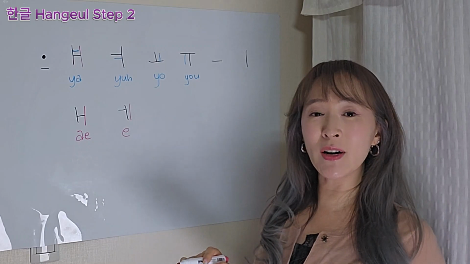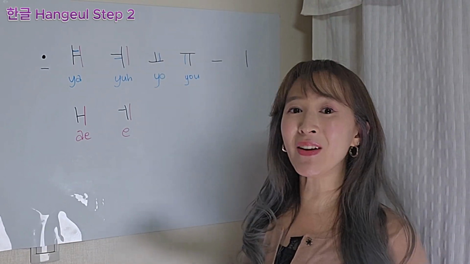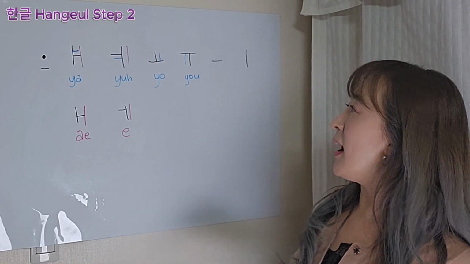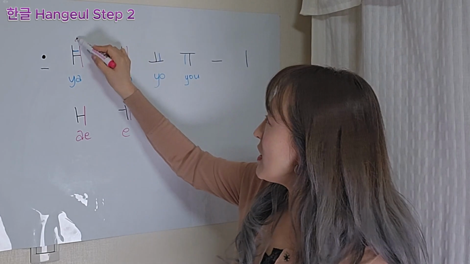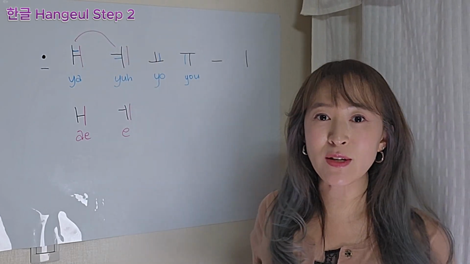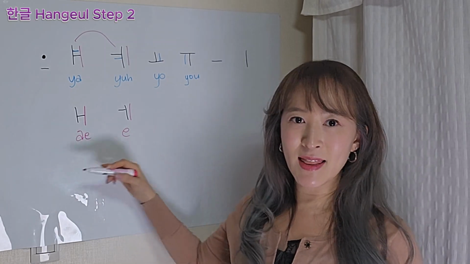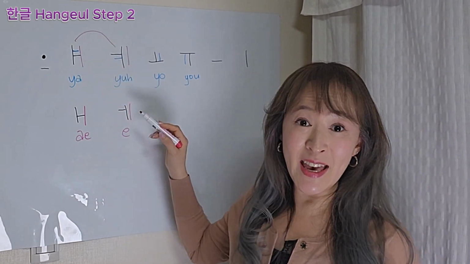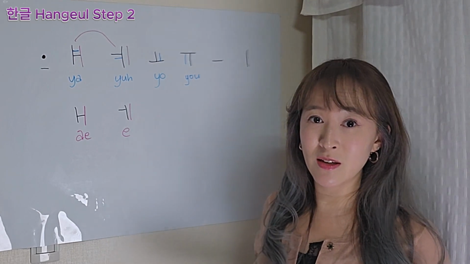And this one also can be used with another E and make another ye sound. So if you notice, these 2 also have very similar sounds, ye. So it's the same as these 2. You can just say it the same way, but when you're writing, you have to know the difference. Okay?